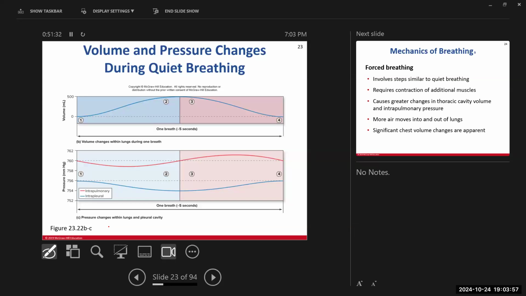And then as you exhale or expire, the same amount going in and out. Then down here on the lower graph, you'll see how the pressures are moving as airflow is occurring. Both intrapulmonary and intrapleural pressure decrease, and then both increase during expiration.